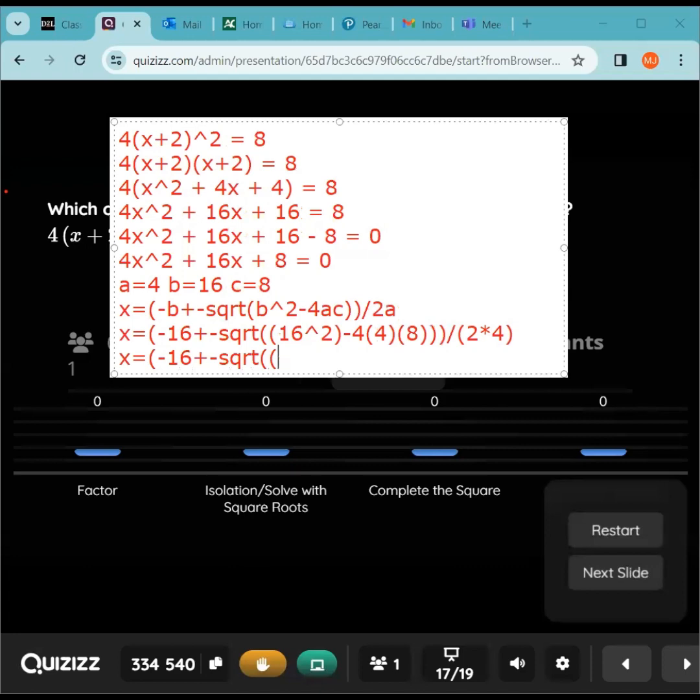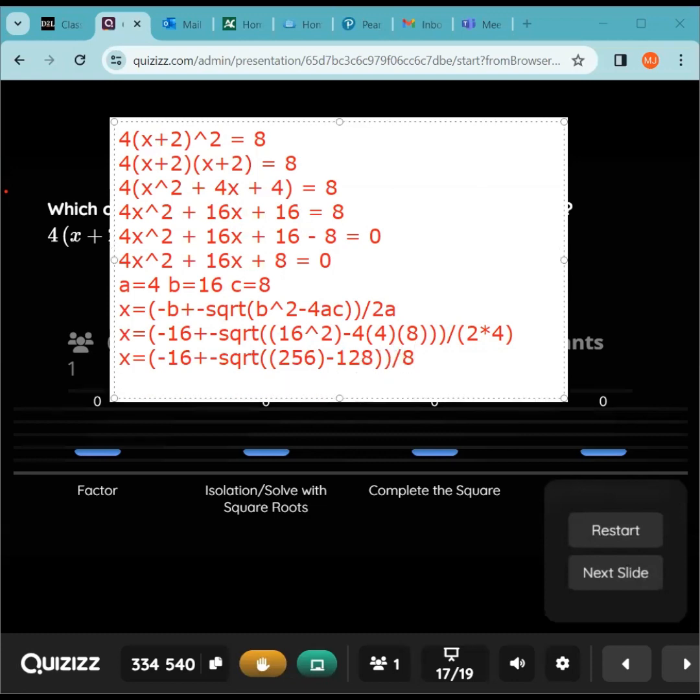So then x equals -16 plus minus square root of 16 squared, which is 256. Yeah, 256, minus 4 times 4 times 8, which is 128, divided by 8. So x equals negative 16 plus minus square root of 256 minus 128, and then divide that by 8.